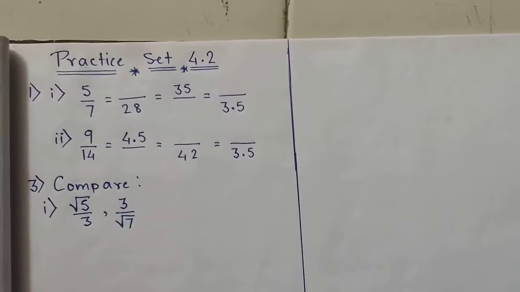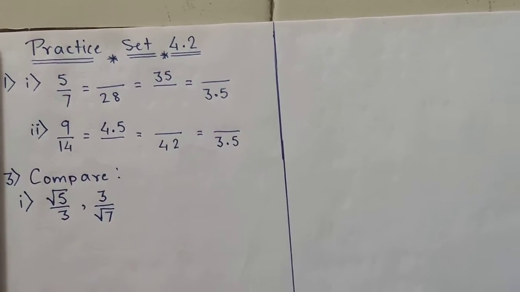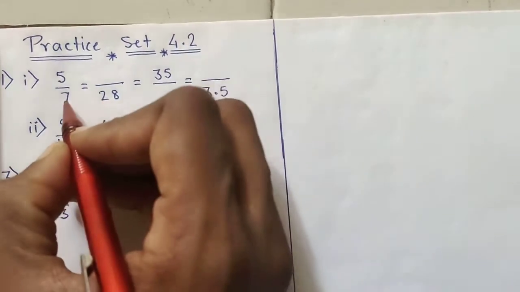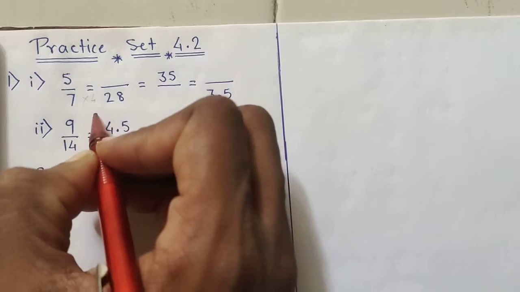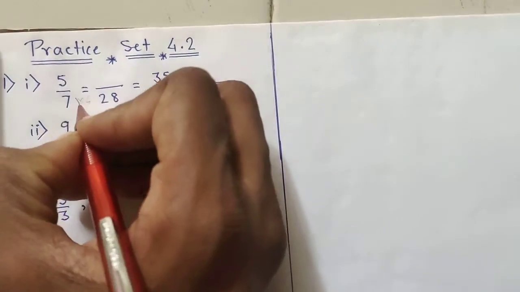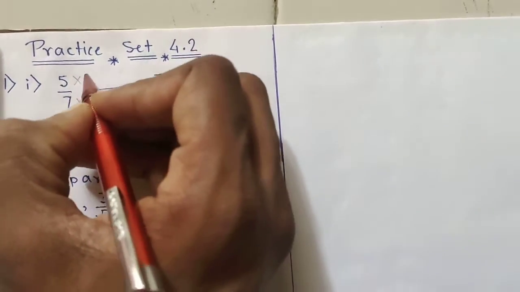Okay, so for your understanding, let me tell you. See, this is 7 and this is 28. You can easily understand, if you multiply 7 by 4, you are going to get 28. So here we have multiplied by 4. So here also you are going to do the same thing.